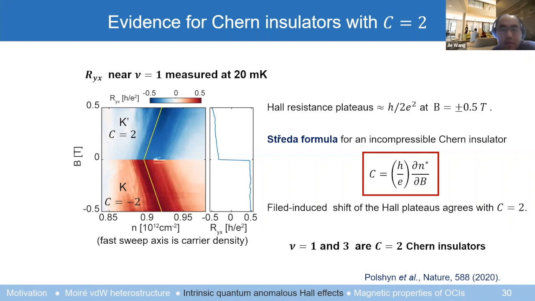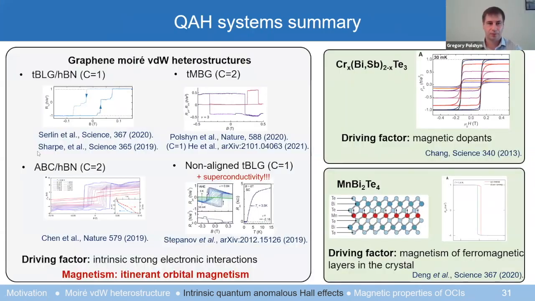Okay. So to sum it up, we observe Chern insulating Chern 1 states in twisted bilayer graphene aligned to hBN, and Chern 2 states in twisted monobilayer. Studies of other groups also found Chern 2 quantum anomalous Hall effect in ABC stacked trilayer graphene aligned to hBN.